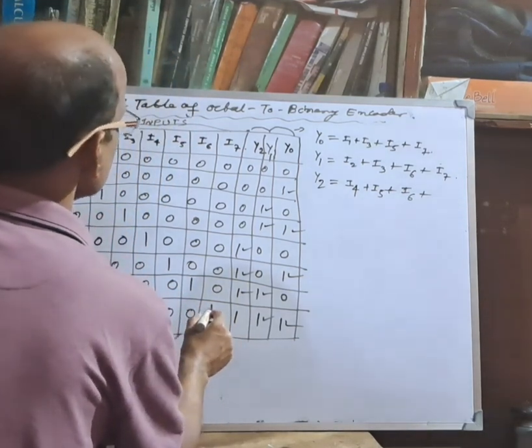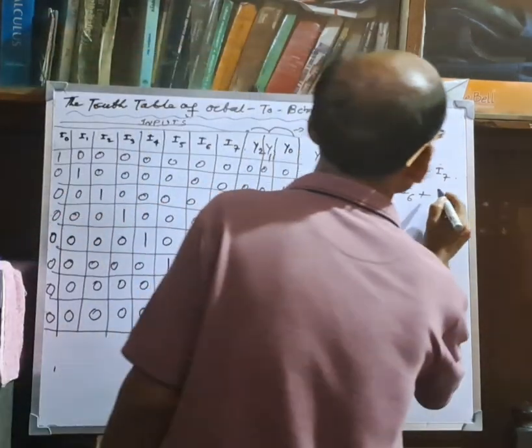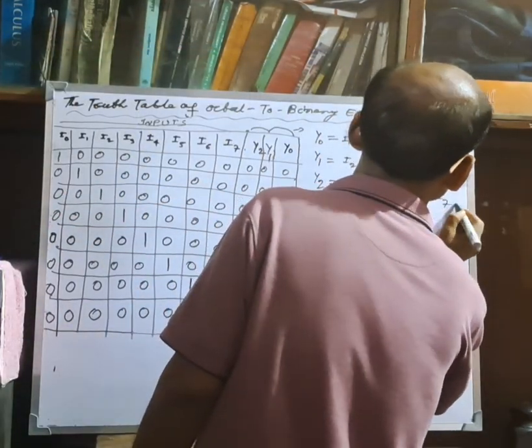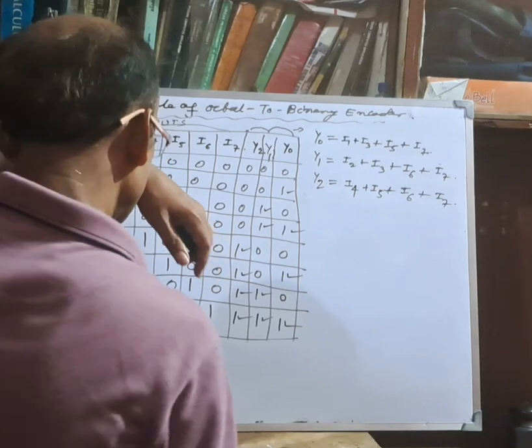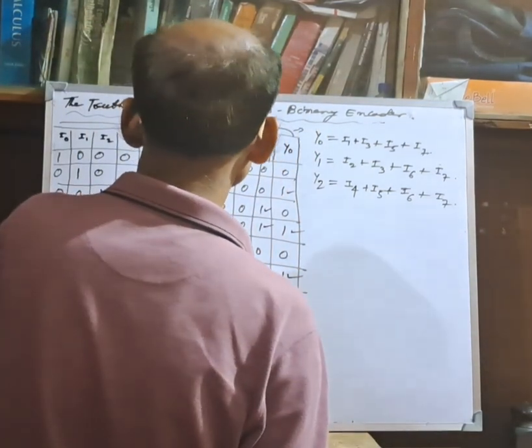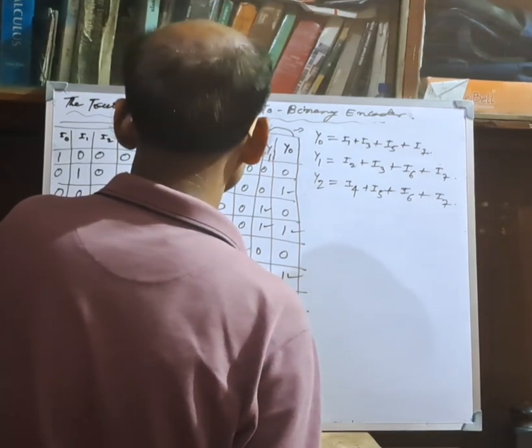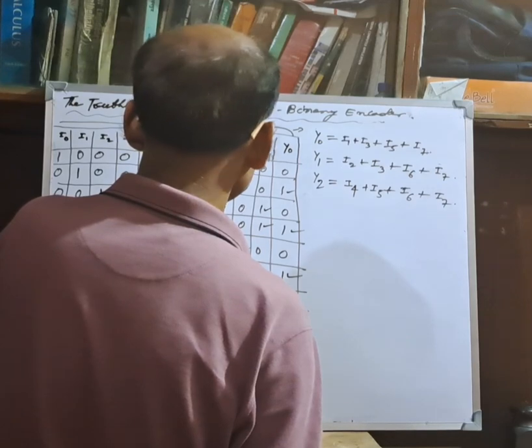Okay. So this is 4, this is 5, and this is 6, and this finally I am getting a 7.